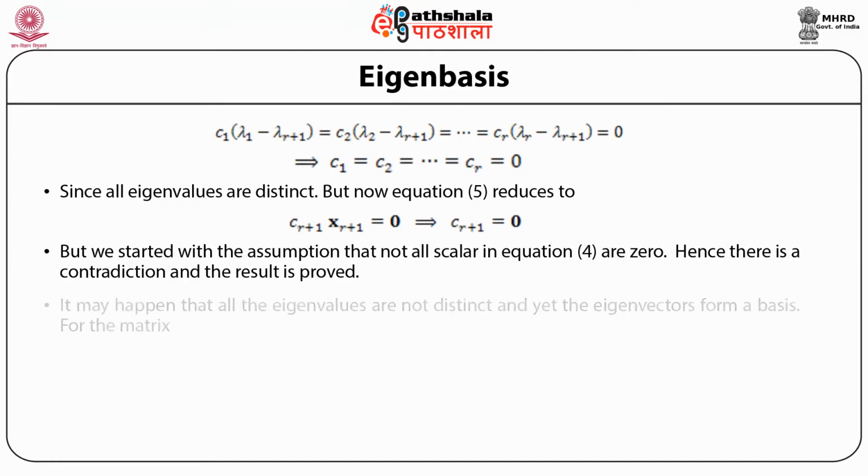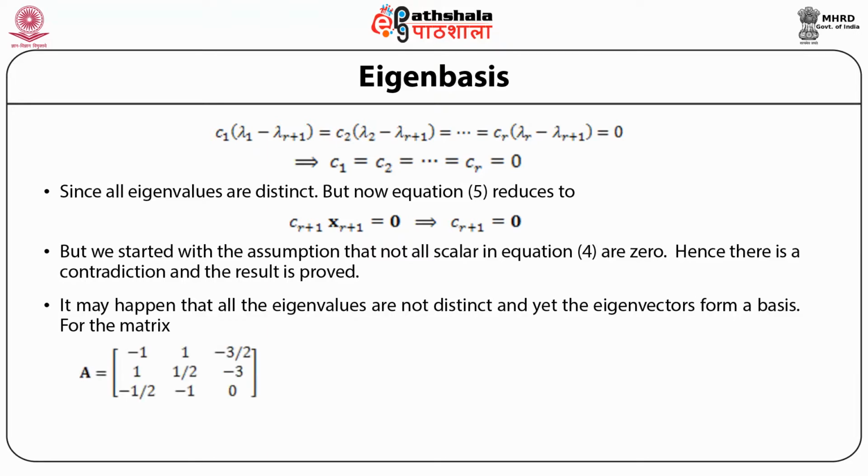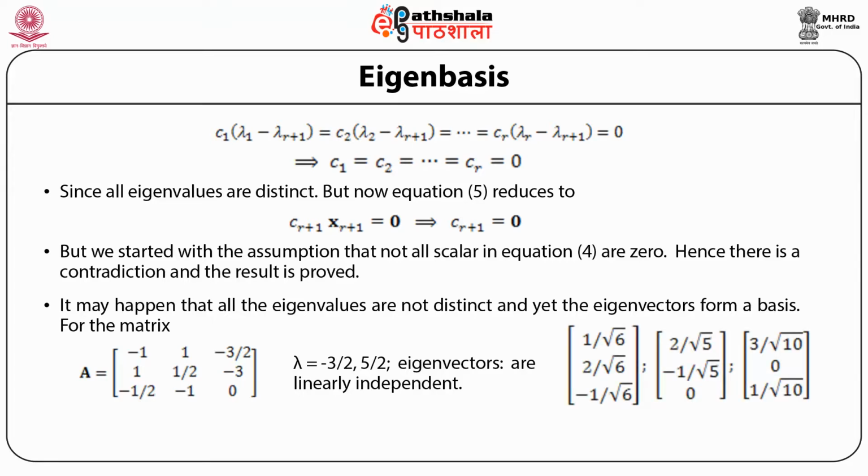Consider a case where all eigenvalues are not distinct and yet the eigenvectors form a basis. For the matrix A, which is a 3 cross 3 matrix with the first row being minus 1, 1 and minus 3 by 2, the second row being 1, 1 by 2 and minus 3, the third row being minus 1 by 2, minus 1 and 0, the eigenvalues lambda being minus 3 by 2 and 5 by 2, the eigenvectors are of the form 1 divided by square root of 6, 2 divided by square root of 6, minus 1 divided by square root of 6.